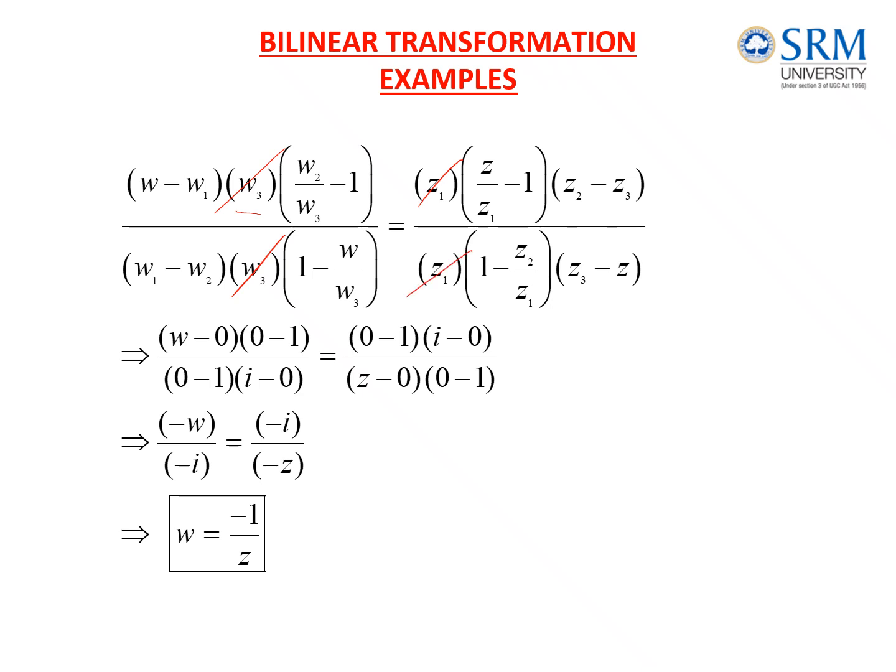If you substitute infinity, this term becomes 0. Then if you simplify further, you will get the bilinear transformation W equal to minus 1 by Z. So if infinity comes, you need to do this simplification before substituting the values in the cross ratio property. Then you can easily understand how to simplify it.